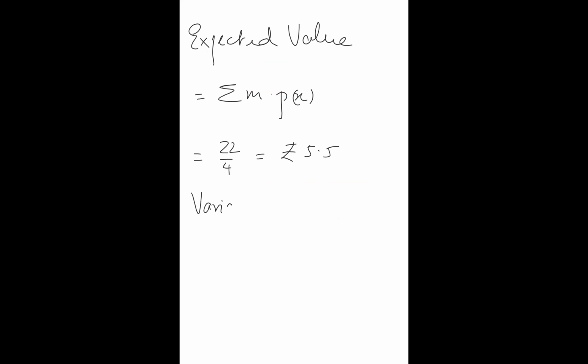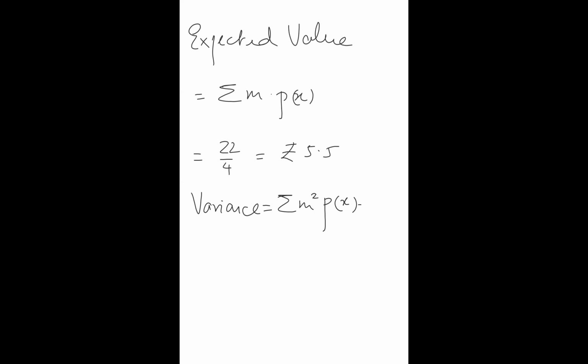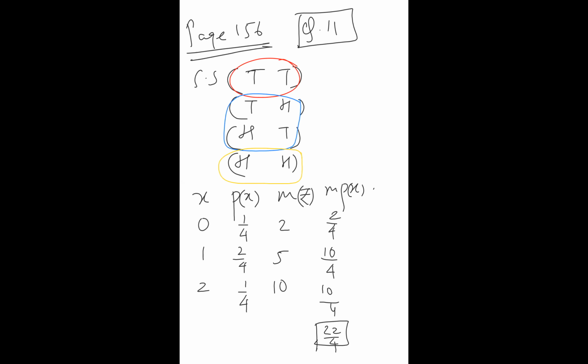Now the variance of the winning amount. Variance of the winning amount is equal to summation m square p of x minus expected value square. So we'll prepare a new column, that is m square p of x. M into mp of x is m square p of x.